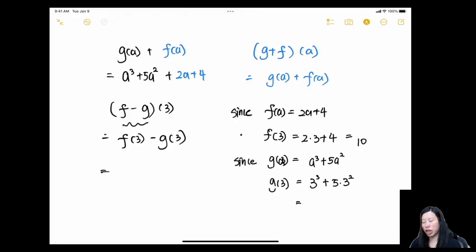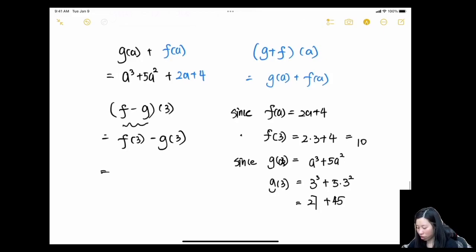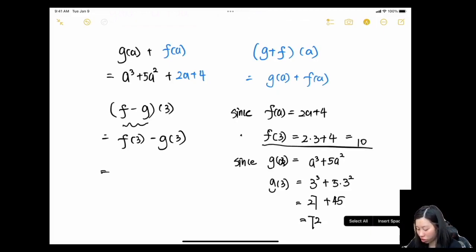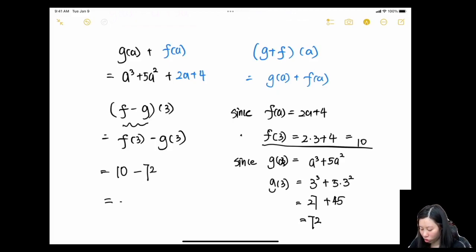So 3 cubed equals 27, plus 5 times 9, which is 45. This equals 72. So you just need to substitute: f of 3 equals 10. So I have 10 minus g of 3, which is 72. So this is equal to negative 62.